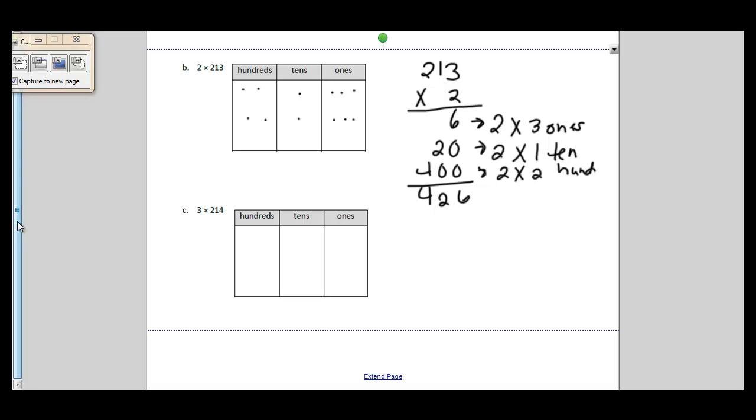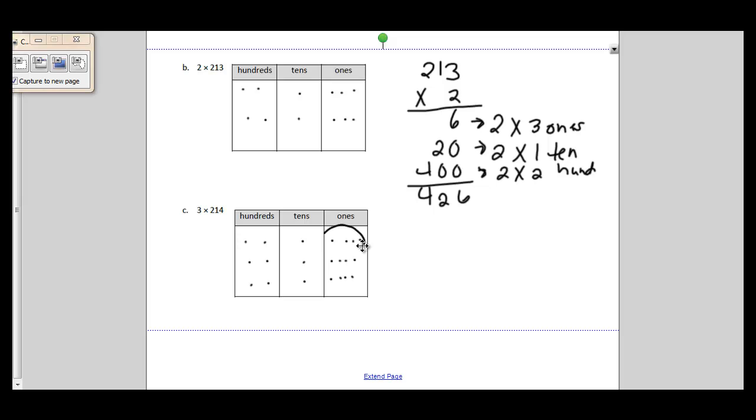Then we're going to have 214 times 3. So we have 214, 2, 4, and we're going to have a little bit of regrouping because you can see right here I have 4, 8, 12.